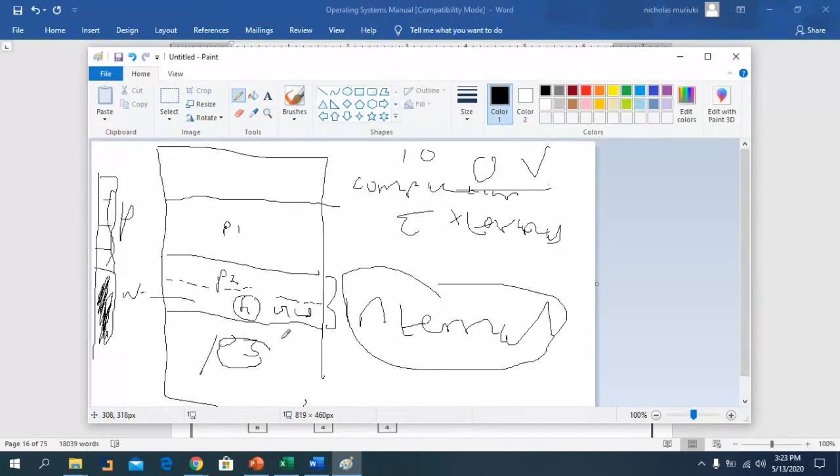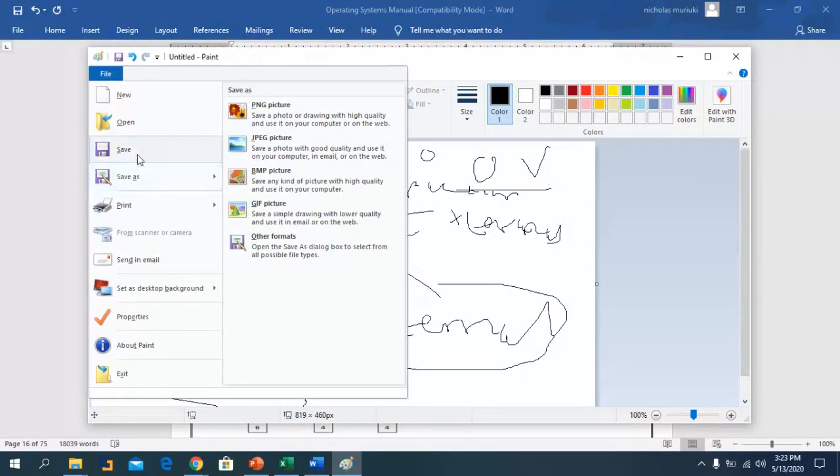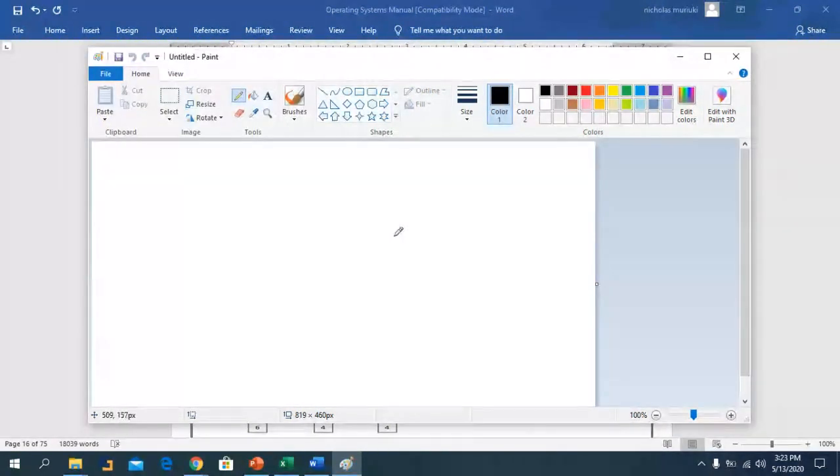But now, let us try to understand when you're using what we call dynamic partitioning. Remember, we have talked about fixed partitioning, and we have said that when you're using fixed partitioning, it is either we use equal or unequal partitions. And those equal or unequal partitions can result in internal fragmentation, or what we call external fragmentation. But for this case now, we want to completely reduce external fragmentation.